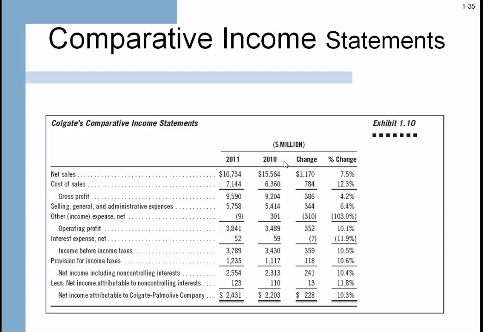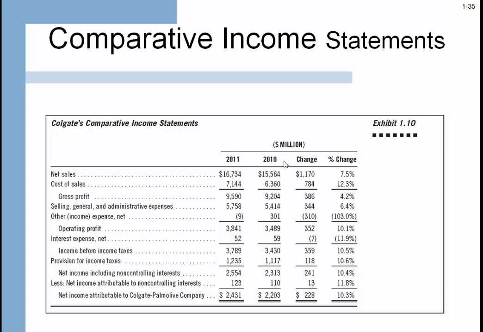What happened? But what's interesting is, not only did their prices go up, they also had their costs go up even higher. So their gross margin or the gross profit actually went down on a percentage basis. That calculation isn't here, but I can guarantee if you took the 9.2 billion divided by 15.6 billion, the percentage compared to 9.6 billion divided by 16.7 billion would be different, just based off of how the numbers work.